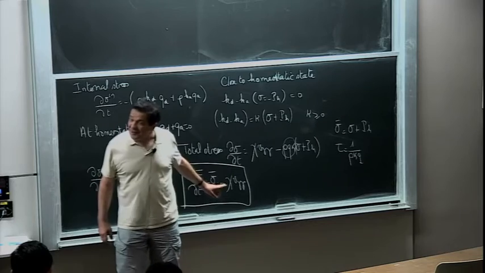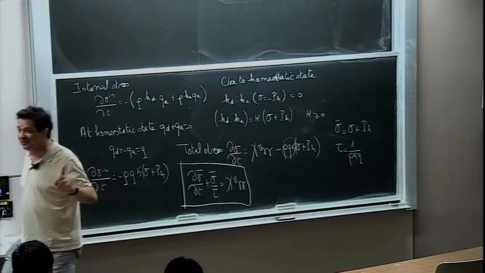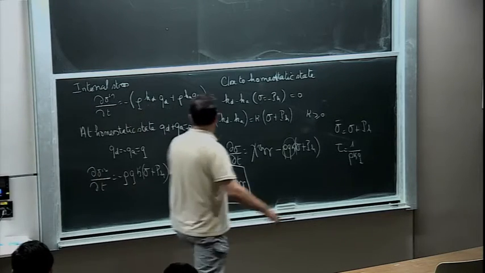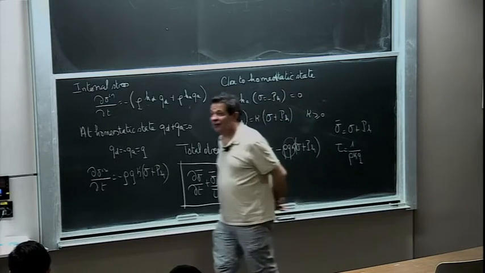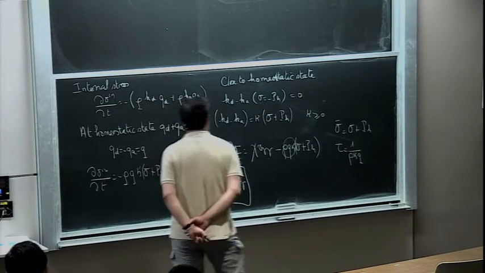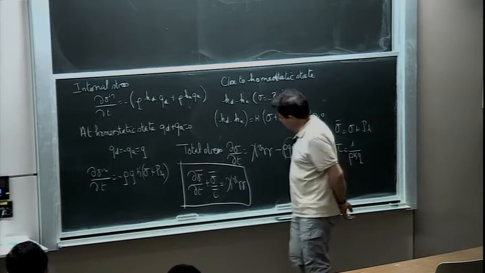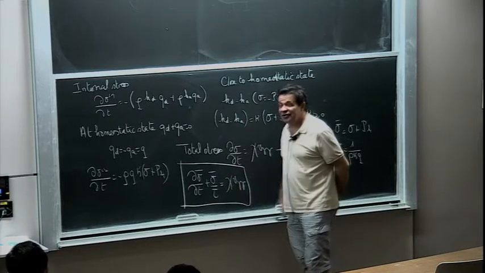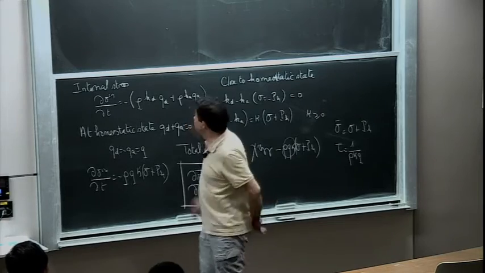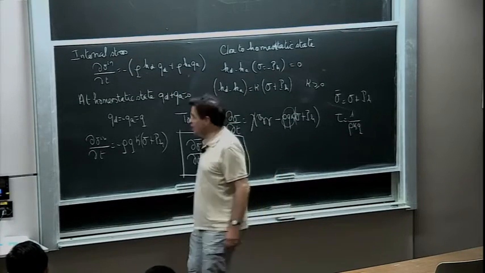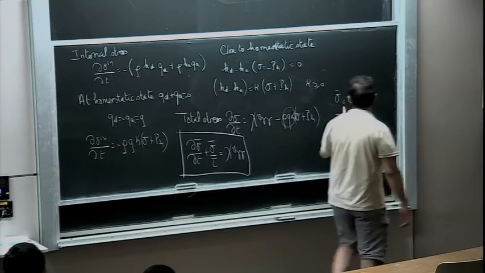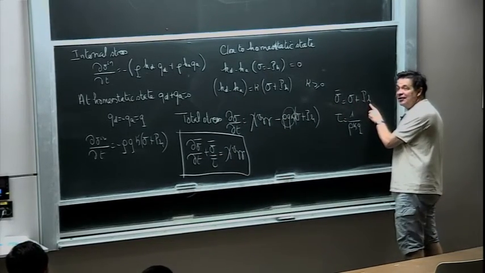So what this tells me is that whatever I do, this will relax to 0. So the pressure will relax to a finite value. Whatever I do, if there is no flow, the pressure relaxes to the homeostatic pressure. The pressure sigma bar will relax to 0, so the pressure will relax to pH.